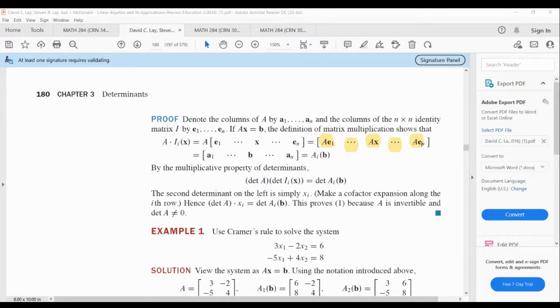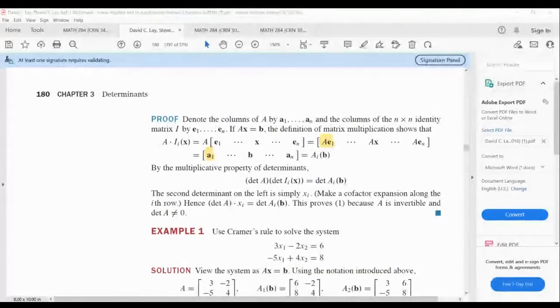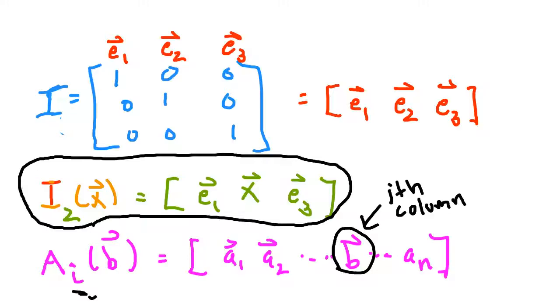For instance, A times E1 equals A1. Now, let's see if we can justify that with a little example here.